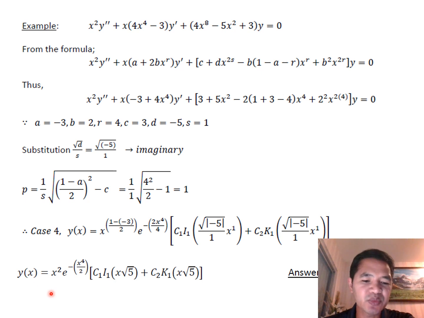In some cases, when you know the value of x, you can substitute x in this form. Then maybe you can solve to get c1 and c2. Then you can find the value of y to get the answer, if you have an initial condition or boundary condition to solve c1 and c2.